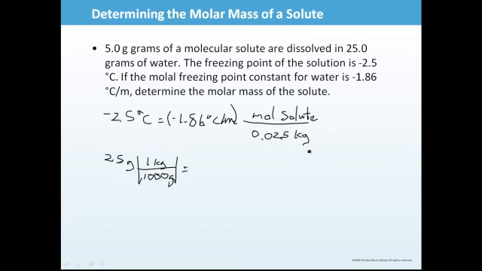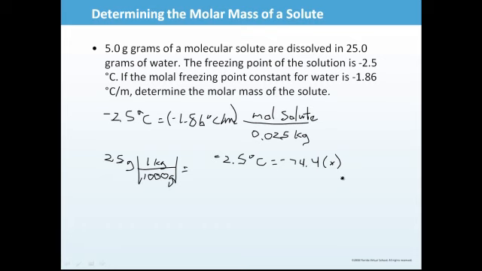So I'm going to put this down here. That means we got negative 2.5 degrees Celsius. If we go ahead and do the division on the right side, we take negative 1.86 divided by 0.025, and that gives us negative 74.4 times X for our moles of solute.